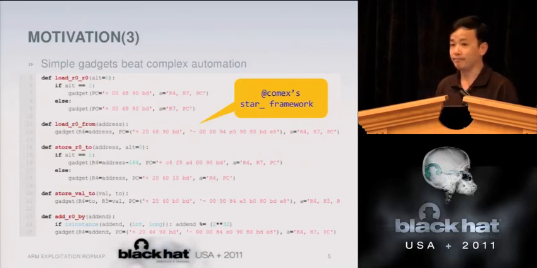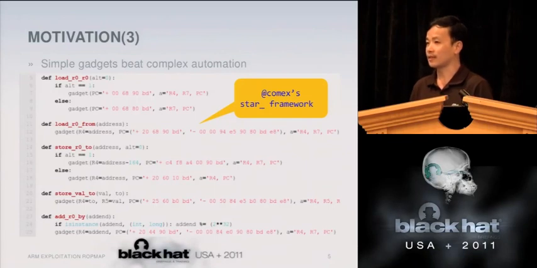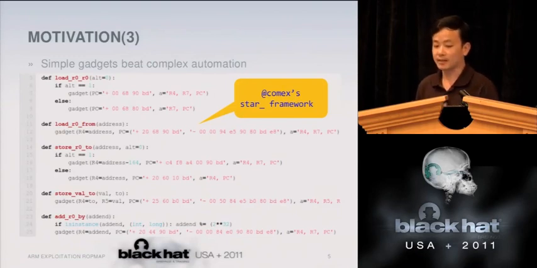In his presentation, he does some ROP automation with a solver and an intermediate language a lot. But from my observation, from practical use, the Comex framework with just simple gadgets can beat that automation tool in terms of time to deploy the exploit.